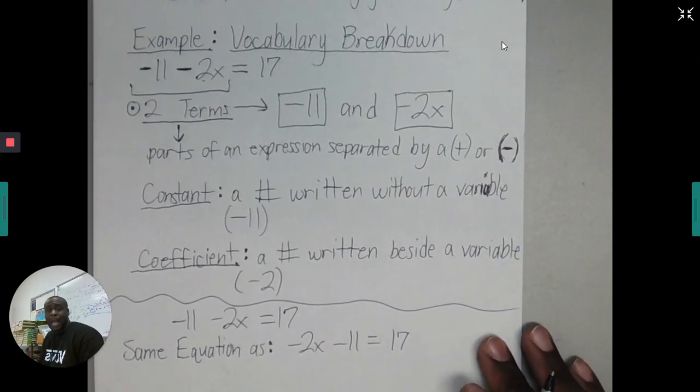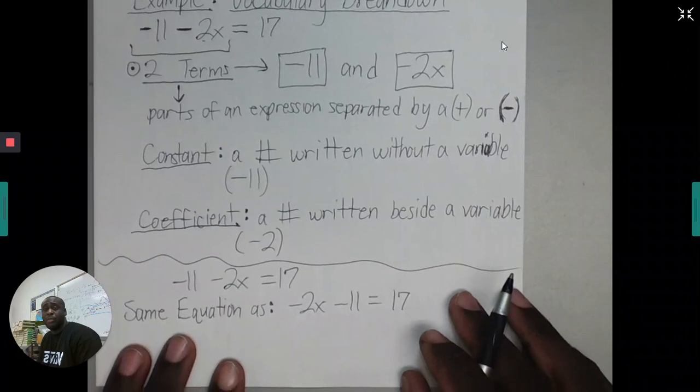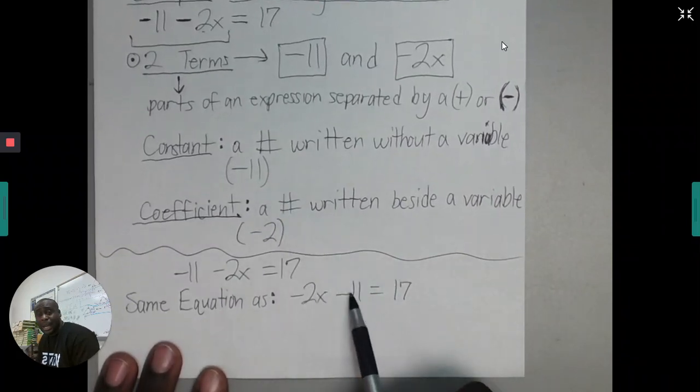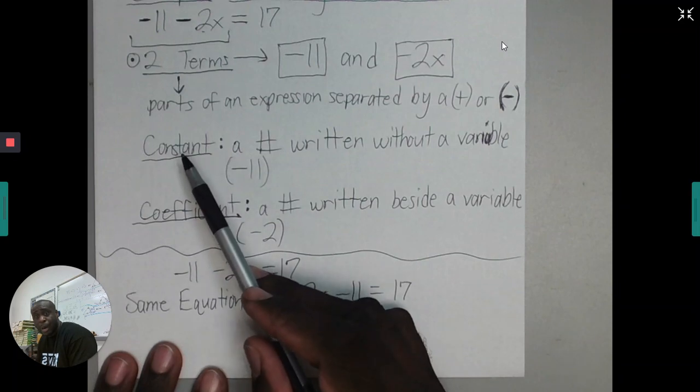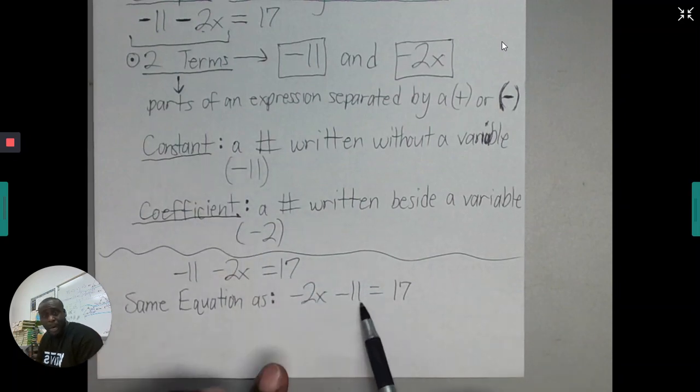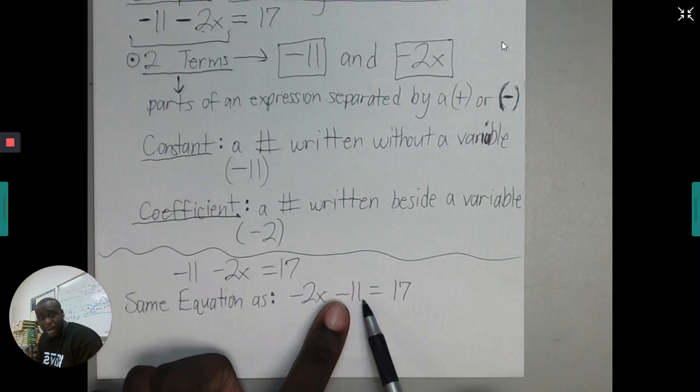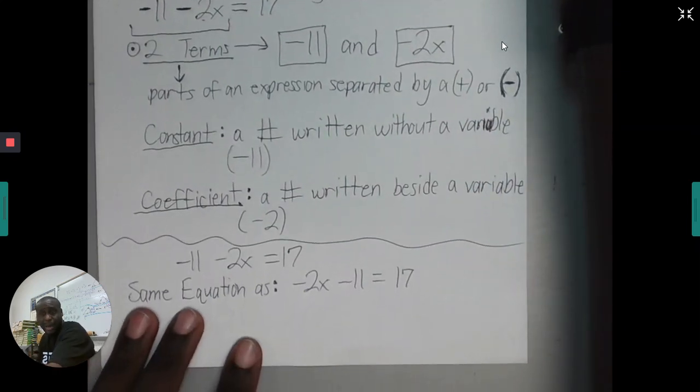Our first step here is going to involve canceling out the adding and the subtracting, and it's going to be the step that involves our constant. Remember, our constant term, the term written without any variable, is -11. We want to get that to cancel out.